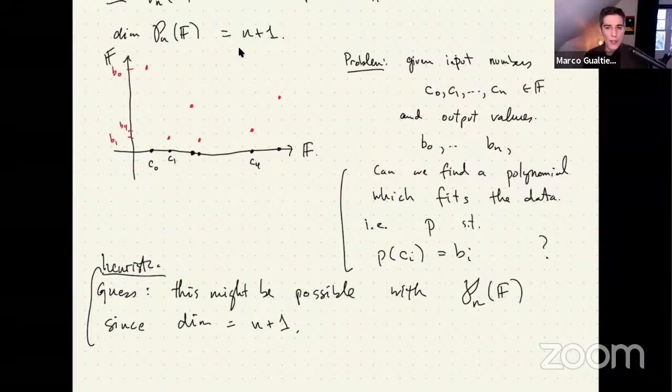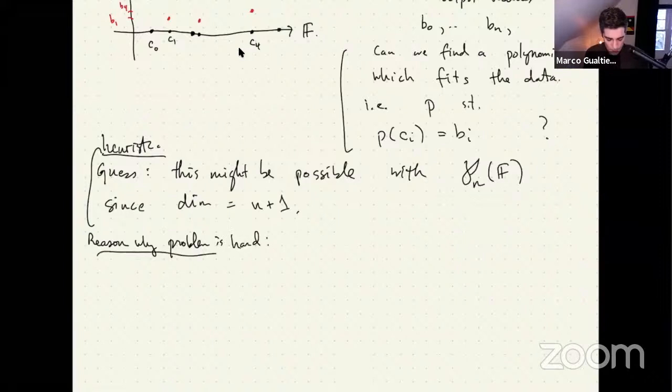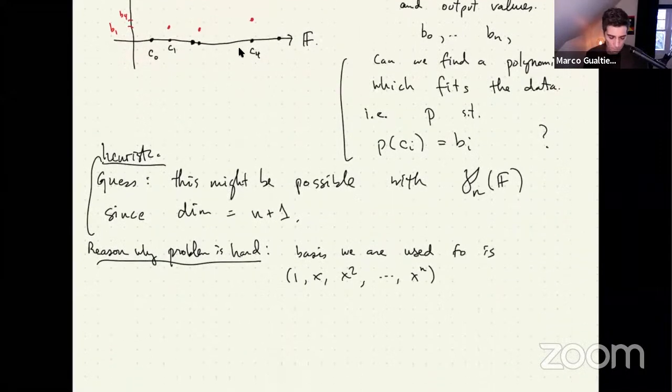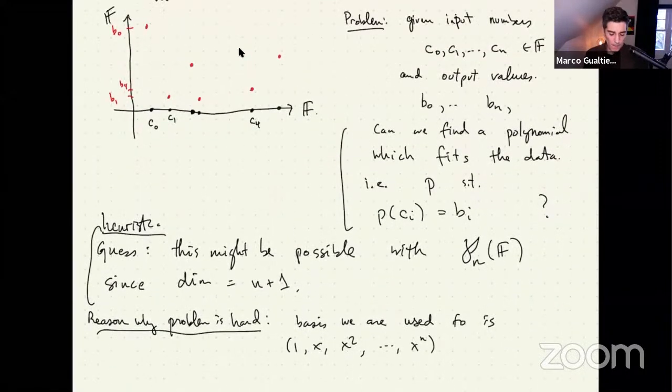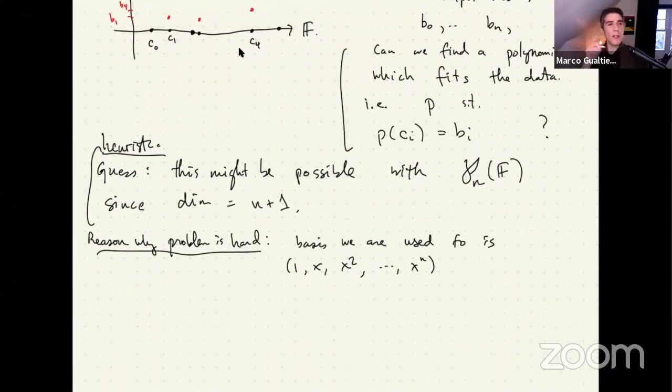The reason why the problem is hard is that the basis that we're used to is 1, x, x squared up to x to the n, and it's unclear what linear combination of these we're going to have to take.